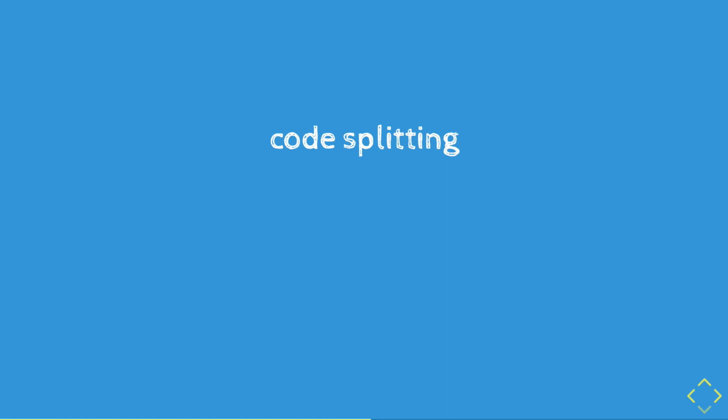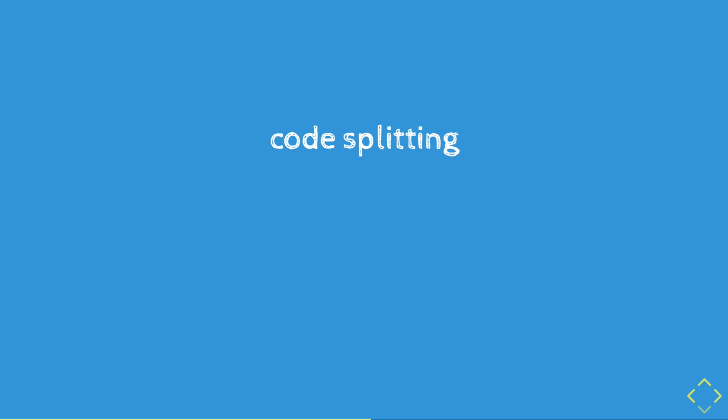Code splitting is the main reason that Webpack was written. The author tried to achieve code splitting in the other tools, and it wasn't reasonable to do it. And so he wrote Webpack. And I think what it comes down to is that they simply didn't have that data, that knowledge that they needed to be able to split the code intelligently.